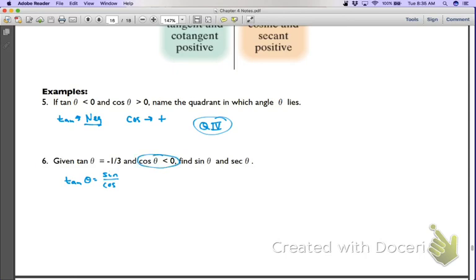This part here tells you that cosine is negative. So if I have a 1 and a negative 3, essentially, where is cosine negative and sine positive? Quadrant 2.